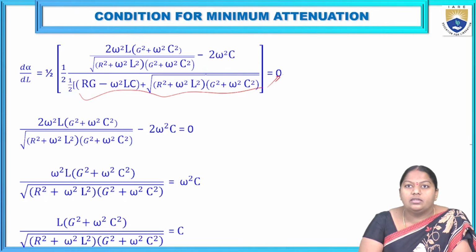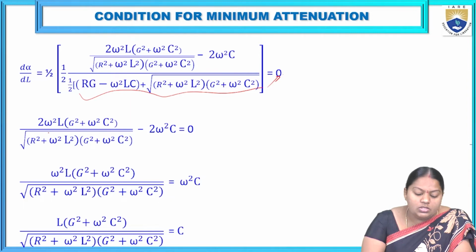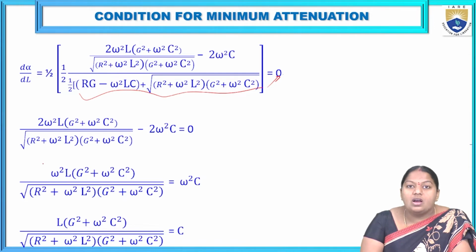Means the total denominator term tends to 0, and we'll have the term which is there in the numerator. So what does that numerator consist of? Numerator means 2 omega square L into g square plus omega square c square by under root of r square plus omega square L square into g square plus omega square c square minus 2 omega square c equal to 0.